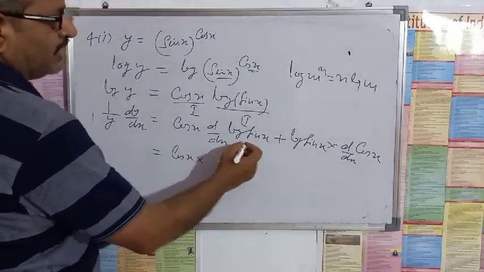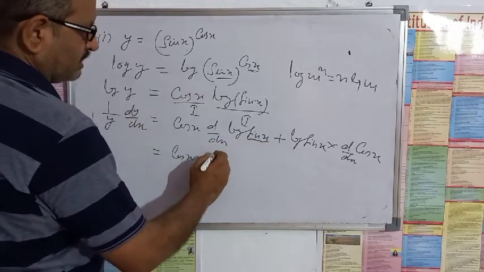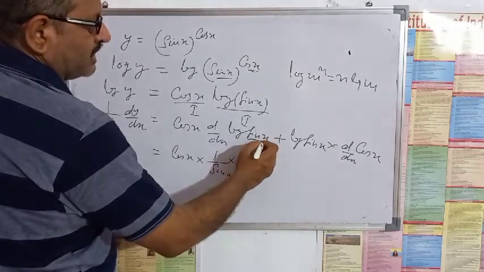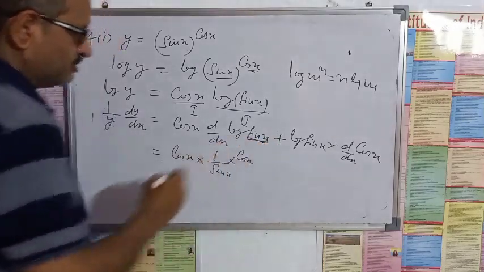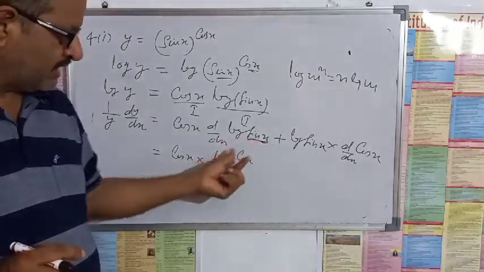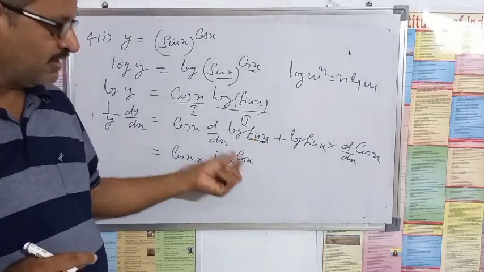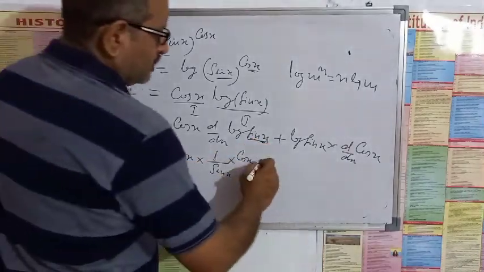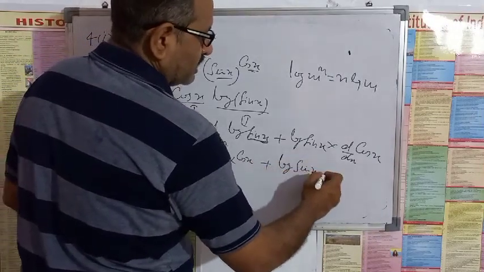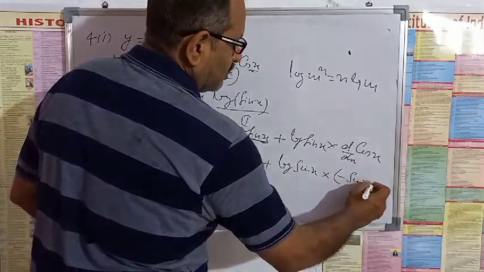Cos x. What is the derivative of log sin x? Firstly, suppose this sin x as x, so log x derivative is 1 by x, 1 upon sin x, then differentiate sin x, its derivative is cos x, plus log sin x into derivative of cos x, which is minus sin x.